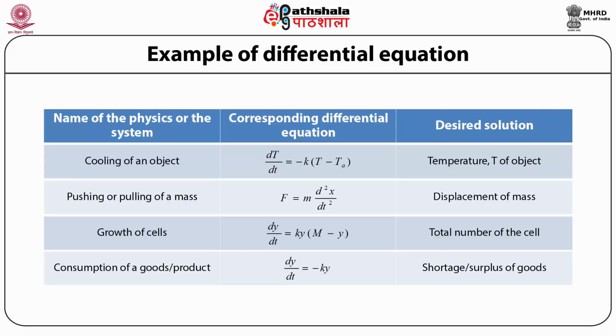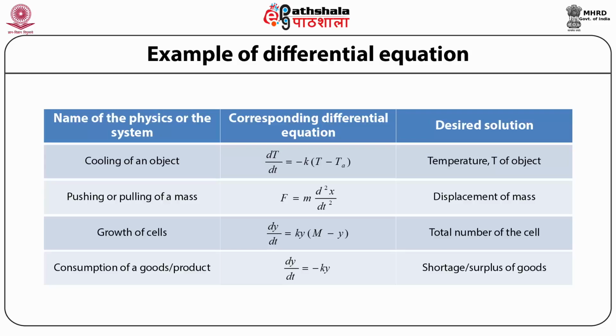TA is the T ambient, the room temperature, and it is always better that you write T in Kelvin. The desired solution here is the temperature of the object. That means T ambient is known, and the k factor is known; k is a proportionality constant. We can see once we solve a heat equation what k really refers to.